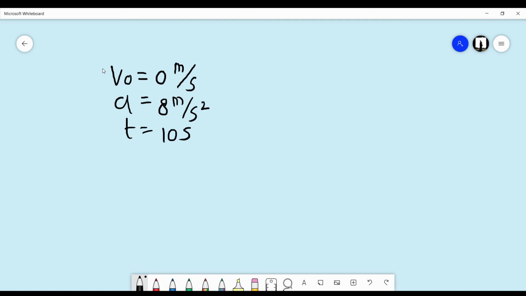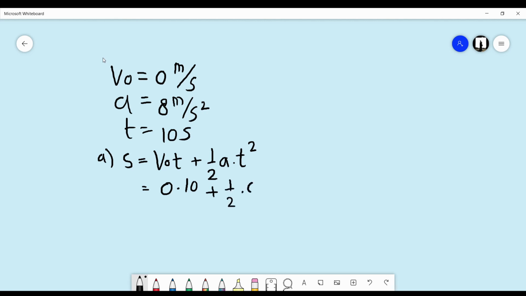So now for A we must find the distance of it. We can write it using this formula, v0 t tambah setengah a kali t kuadrat. So we have the distance of it. The initial speed is 0, and the time is 10 seconds, plus half of a, which is 8, and t is 10 squared.